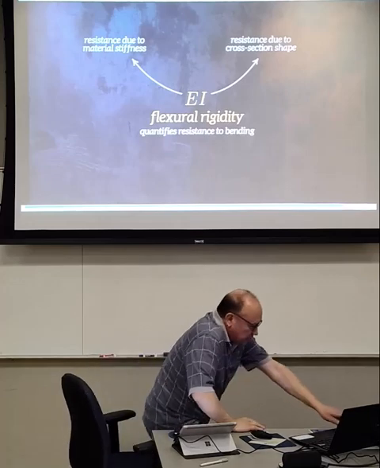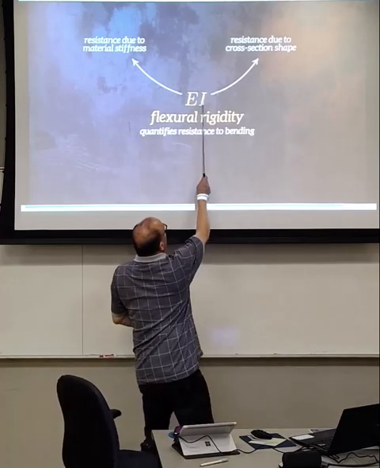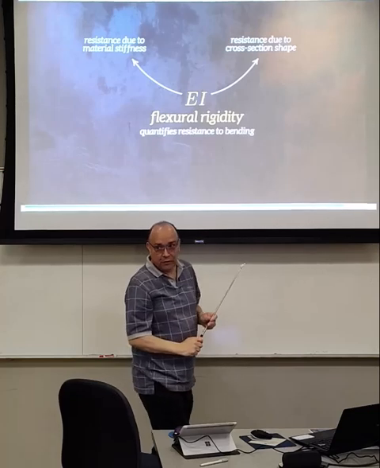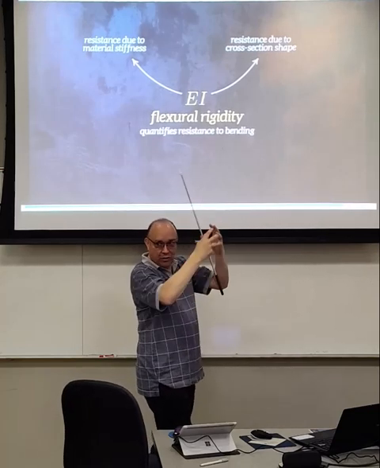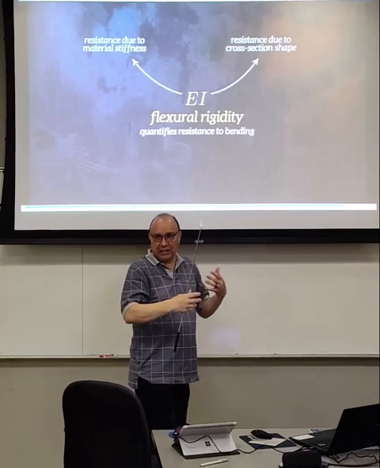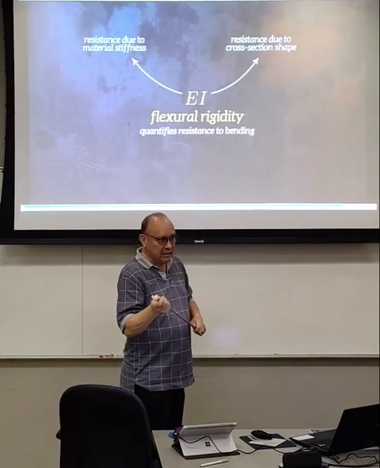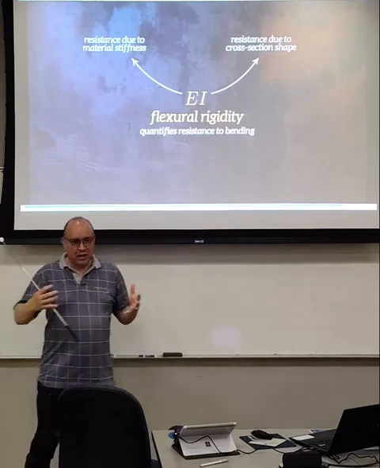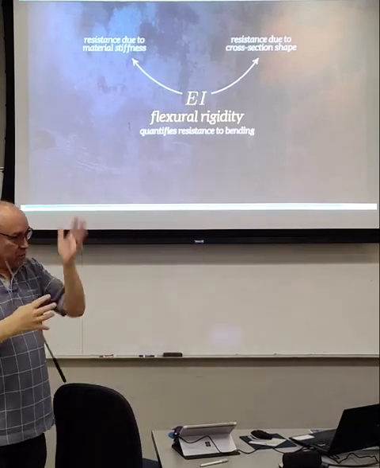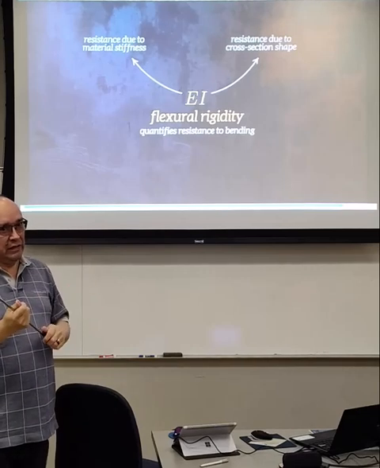So this is what we are going to learn: how to calculate I, the moment of inertia. It's a measurement of how the area or the cross-section of the beam works against bending. It gives you a quantification of how good the beam or the cross-section is at resisting bending.